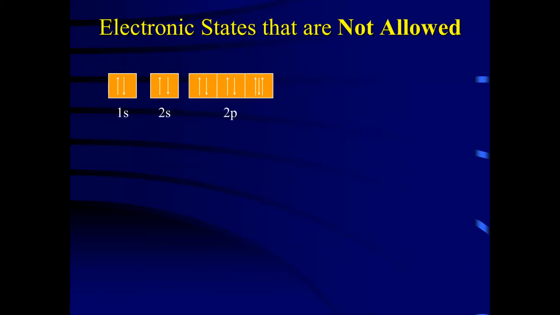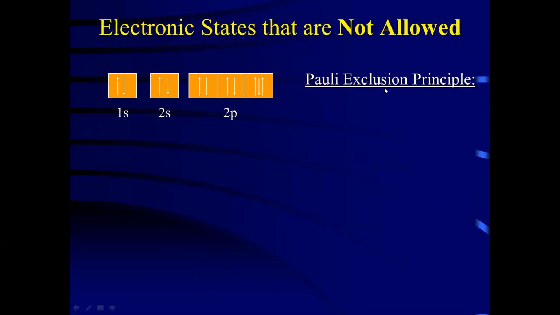However, let's take a look at this. Is this an excited state? The answer is no. This actually does not exist. In other words, an electron state like this is not allowed.